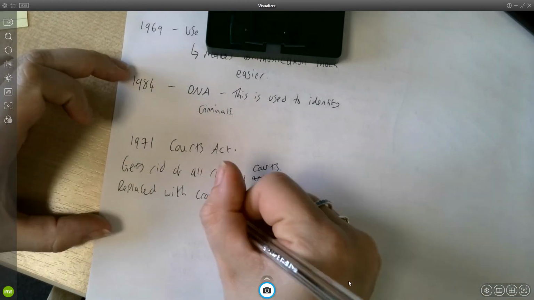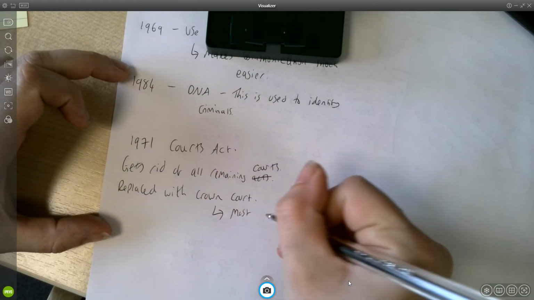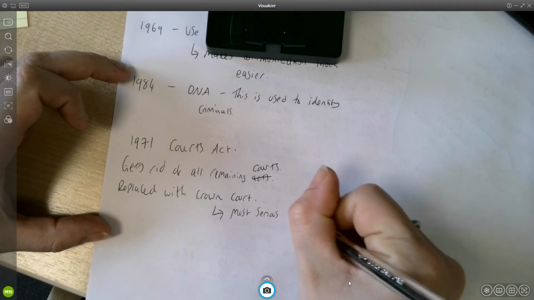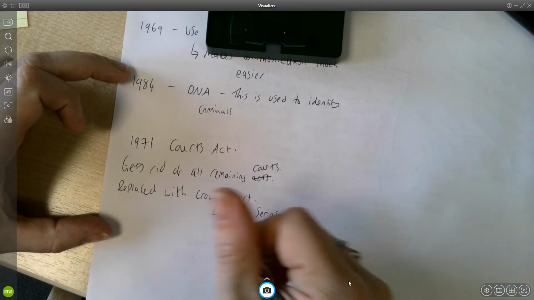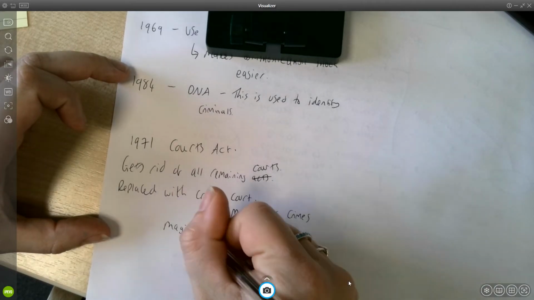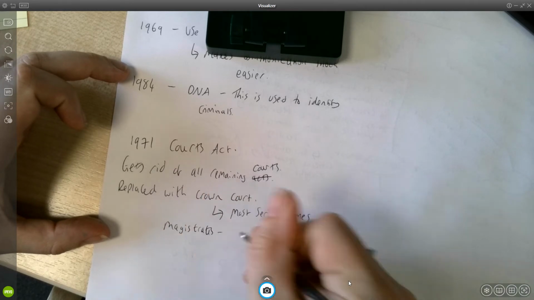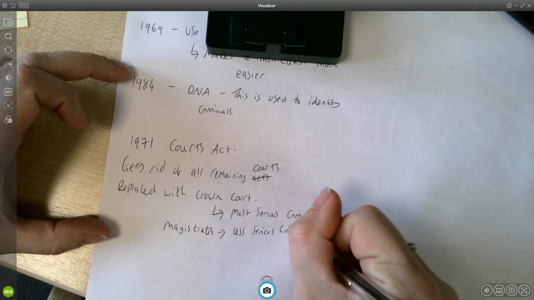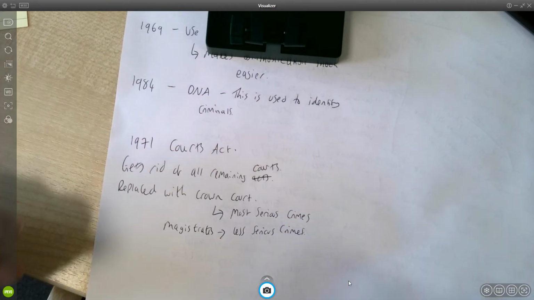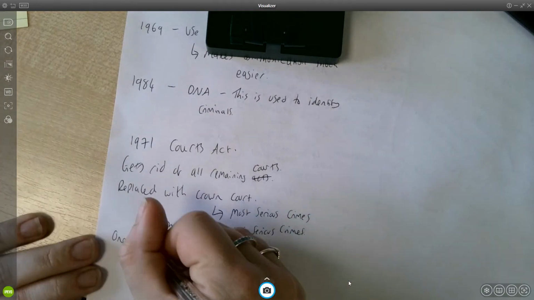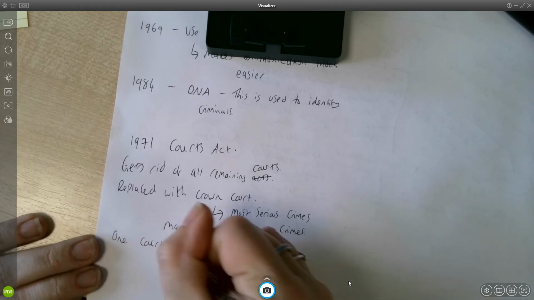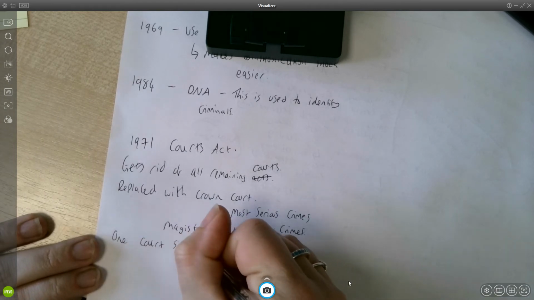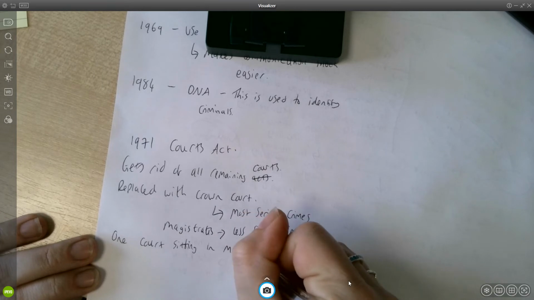We have the Crown Court that tries the most serious crimes, and the Magistrates Court, which tries less serious crimes. The idea with the Crown Court is that it's one court sitting in multiple locations.